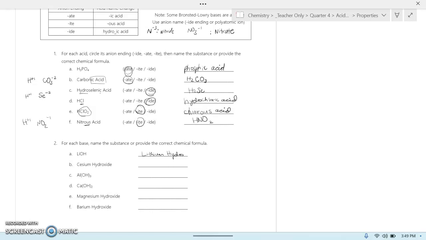Next we have cesium hydroxide, and if we want to write this in the formula, it's always good to write its ions first so we can figure out their charges. Cesium is +1, hydroxide is -1, so this will be a 1-to-1 in our formula. CsOH. The rest are exactly the same, so the metal name, hydroxide, and then just use the crisscross method to correctly write those formulas.